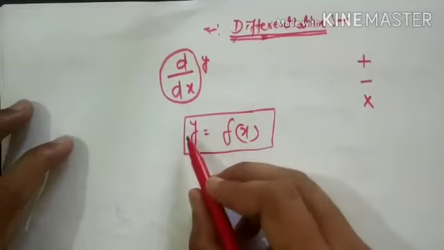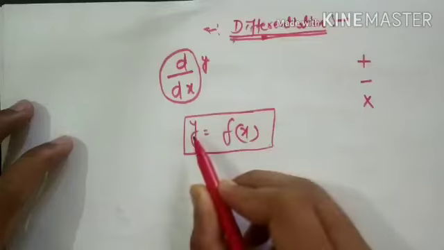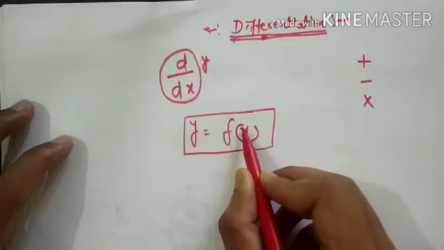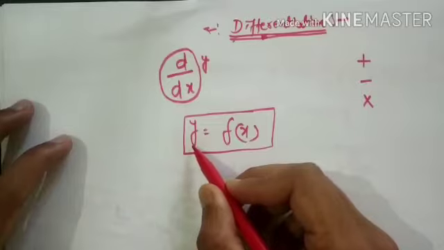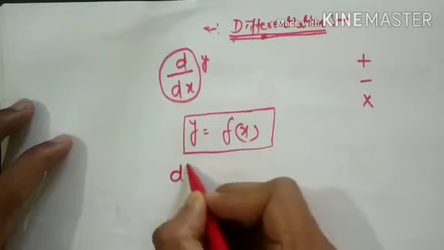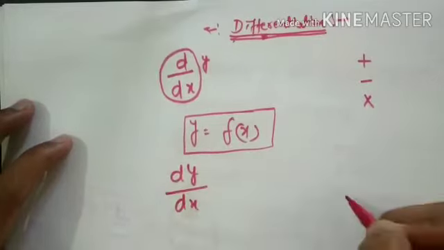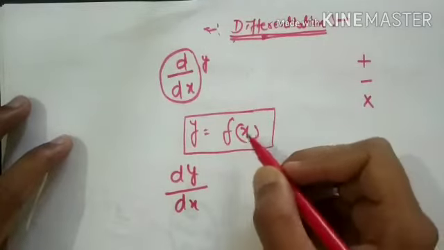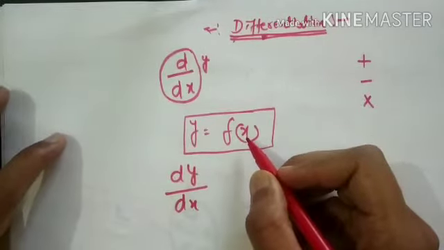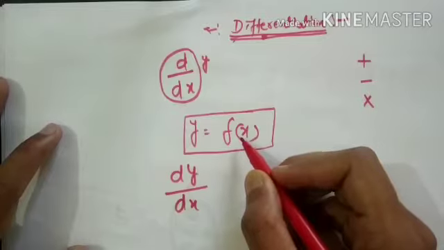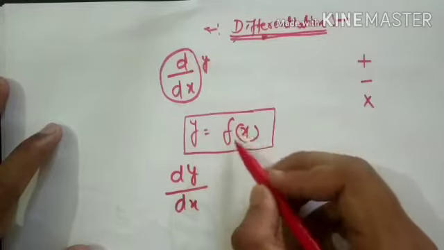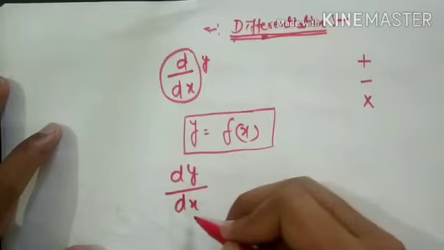If somewhere it is written that y is equal to f(x), which means y is a function of x, x is the independent variable and y is the dependent variable, then to differentiate we have to take dy by dx. This term f(x) may have some algebraic terms, some trigonometric terms, some logarithmic terms, or some exponential terms. So we have to differentiate that function with respect to x.